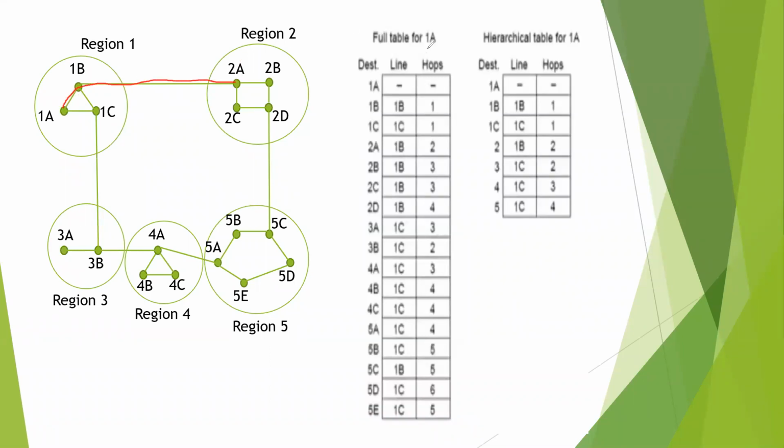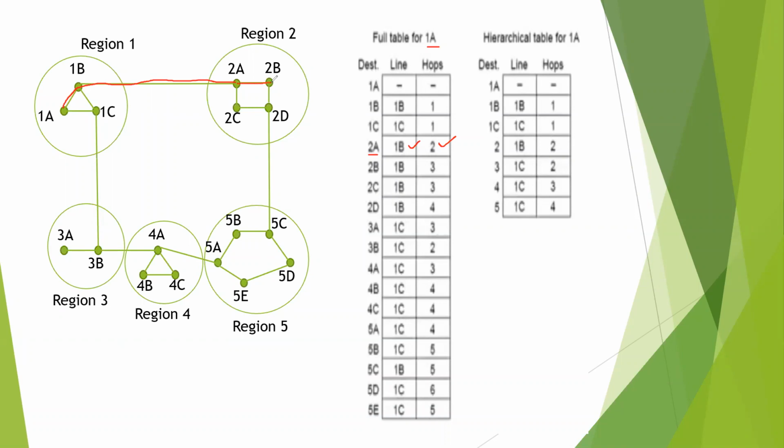So from 1A to 2A, to reach the destination, I have to make use of the 1B line. Through the 1B line, I will be taking 2 hops: 1 hop, 2 hops. Similarly, if I want to reach 2B, automatically I have to choose this path itself, 1A to 1B, then to 2A, then to 2B.